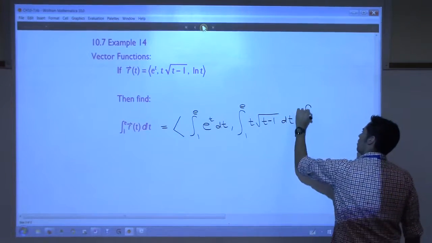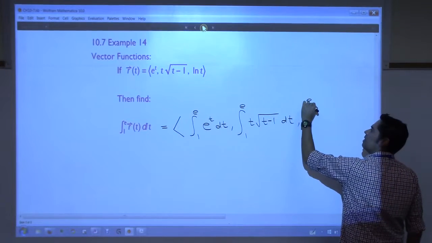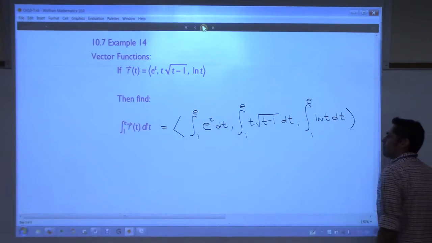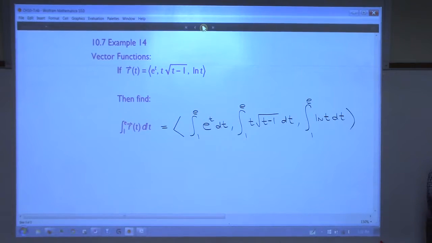And I want to do the integral from 1 to e of natural log t dt. We're not going to go through how you do all the different techniques of integration. That's the class you took before this. So I would expect everyone, given enough time, without a computer, could do these by hand.